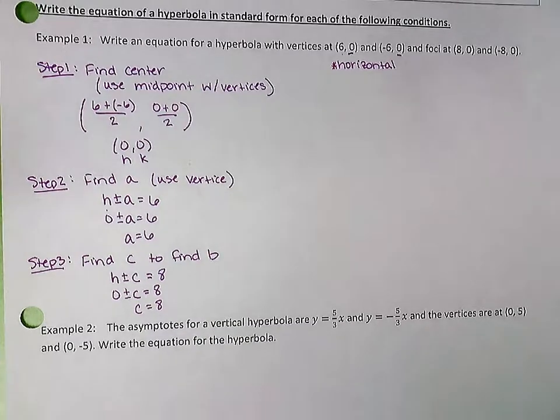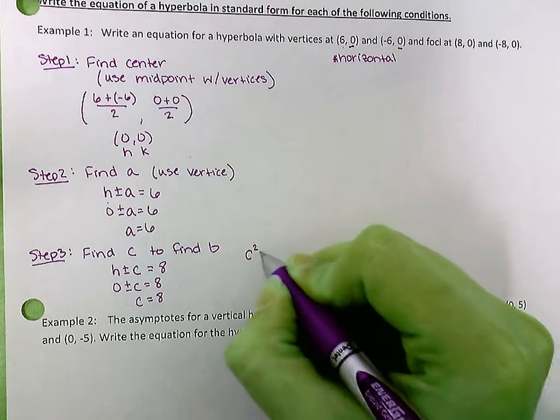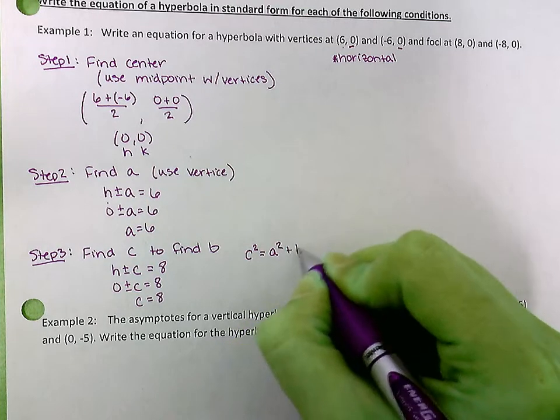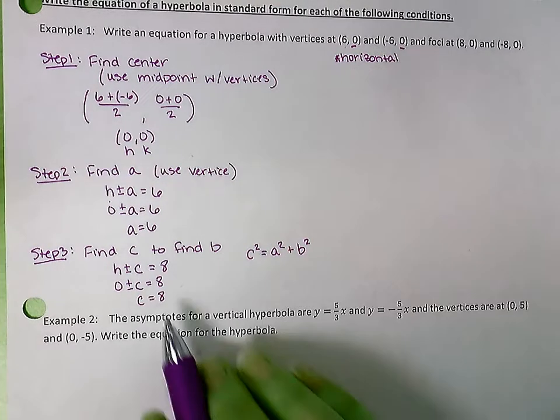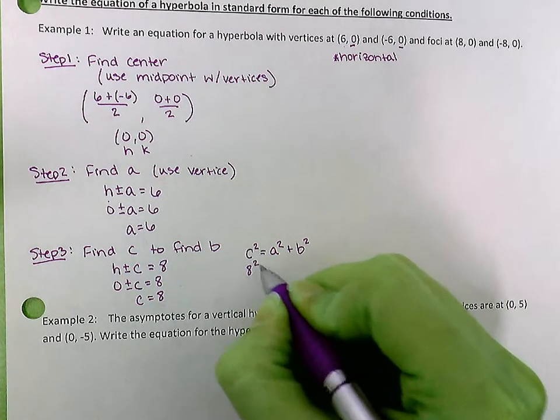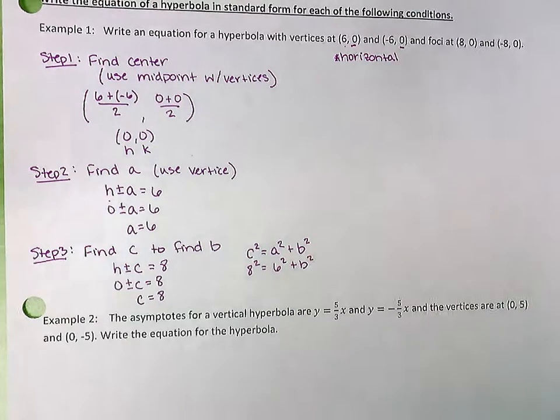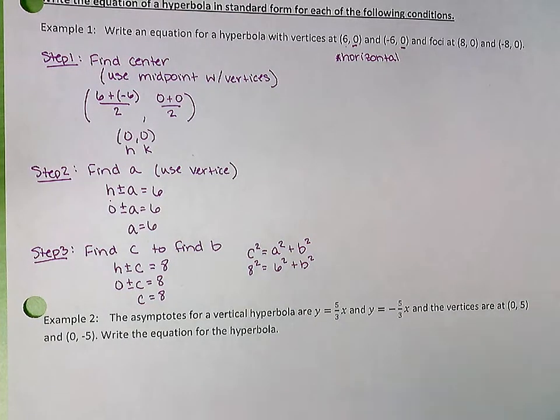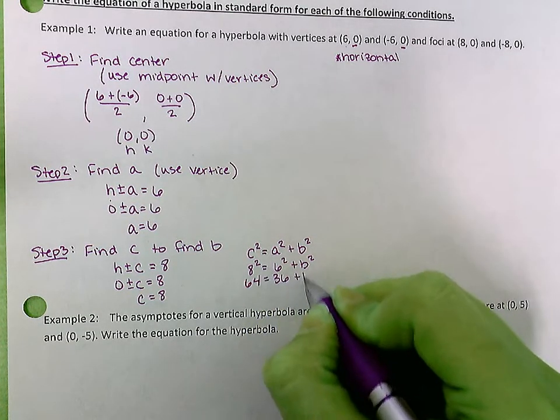Okay, so now that I found C, to find B, I'm going to use C squared is equal to A squared plus B squared. And I can plug in my values. So I have 8 squared is equal to 6 squared plus B squared. So 64 is equal to 36 plus B squared.